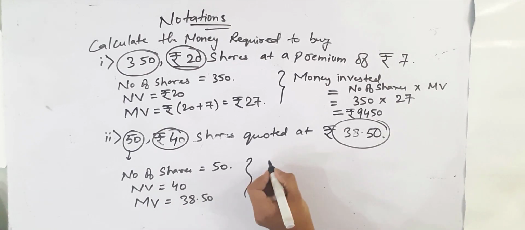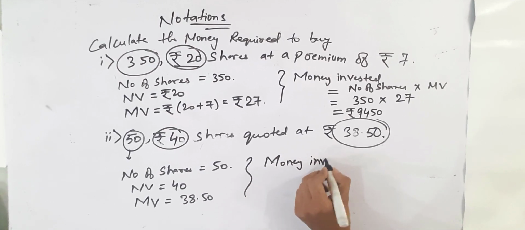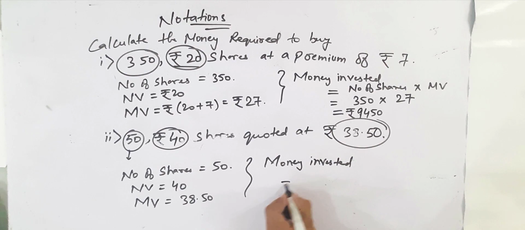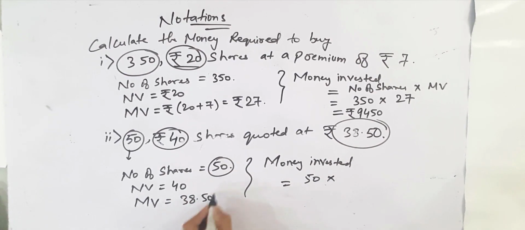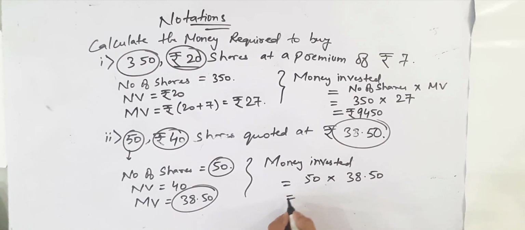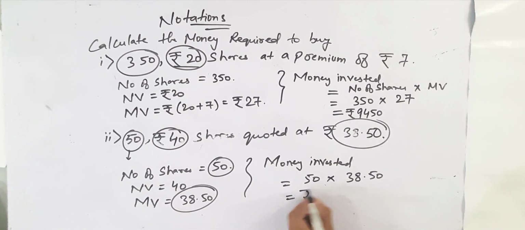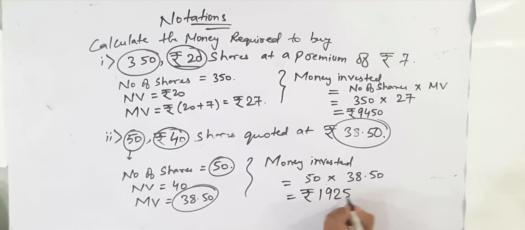Similarly, to calculate money invested, we multiply the number of shares, that is 50, by the market value of a single share, that is 38.50. It will be rupees 1925.